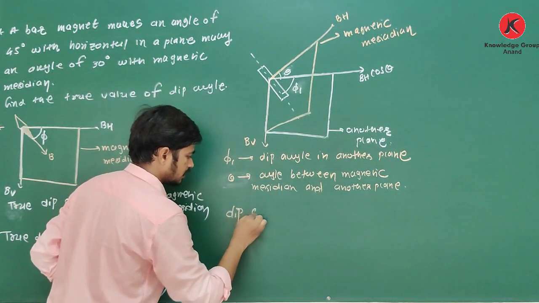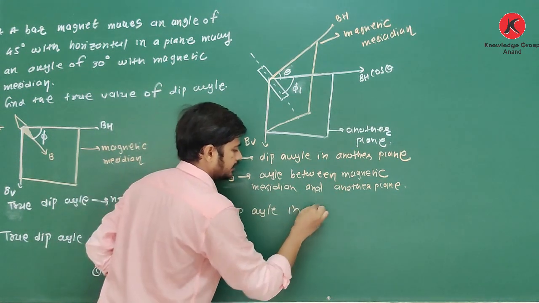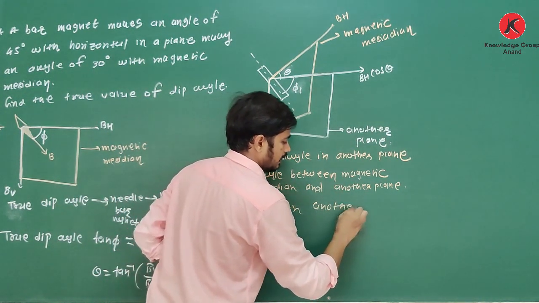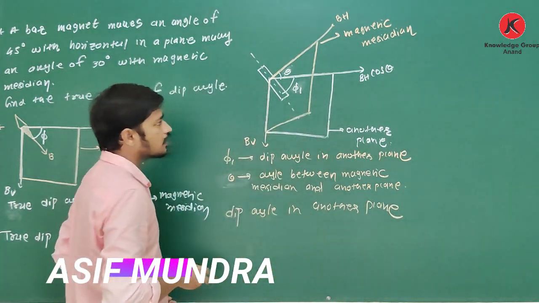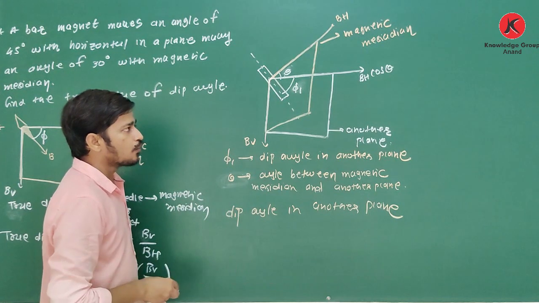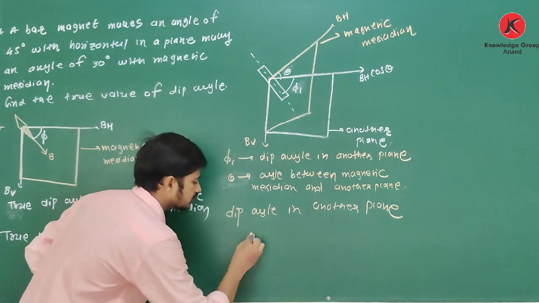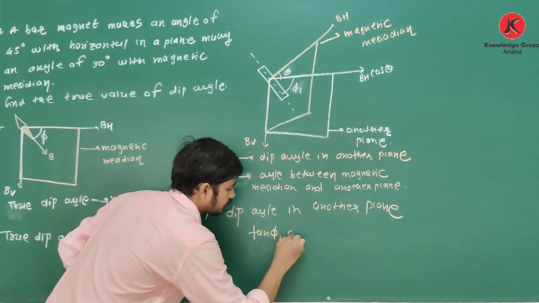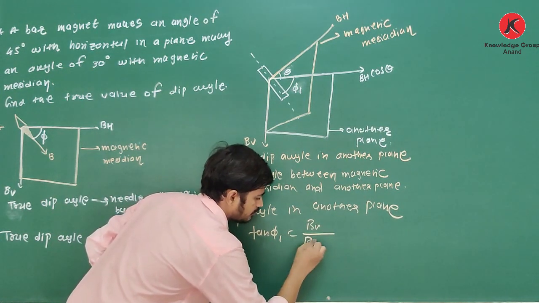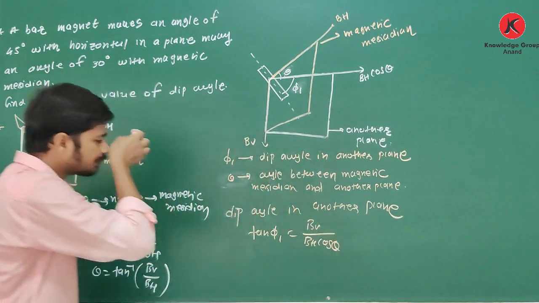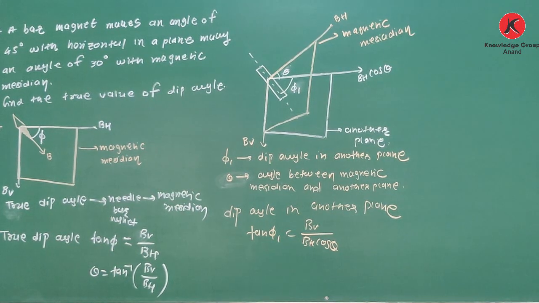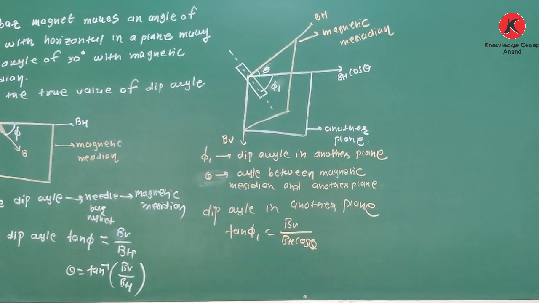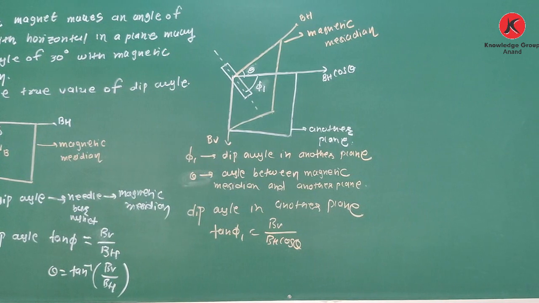The dip angle in another plane, see, simple. As it is making angle phi 1, how to write this? tan phi 1 is equal to BB upon BH cos theta.